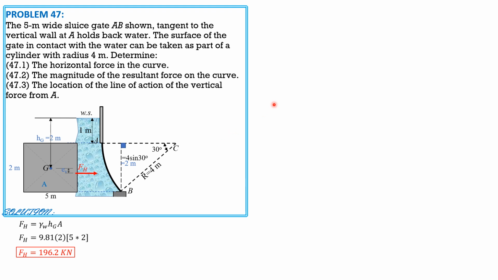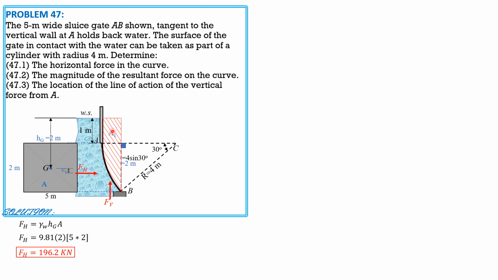For the vertical component of force, we draw vertical lines through the ends of the curve, A and B, up to the imaginary or real liquid surface, and the volume to be considered is the one enclosed by the vertical lines, the curve, and that imaginary water surface, which we will crosshatch as shown.